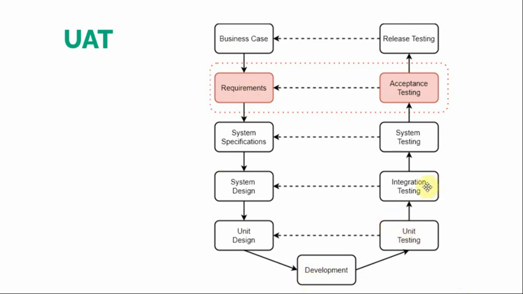Then we test the integration of those units, and then we perform system-wide testing and acceptance testing to verify the requirements, and then release testing, where once the product is in release, in production or in a certain environment, we verify whether everything is working all right or not.